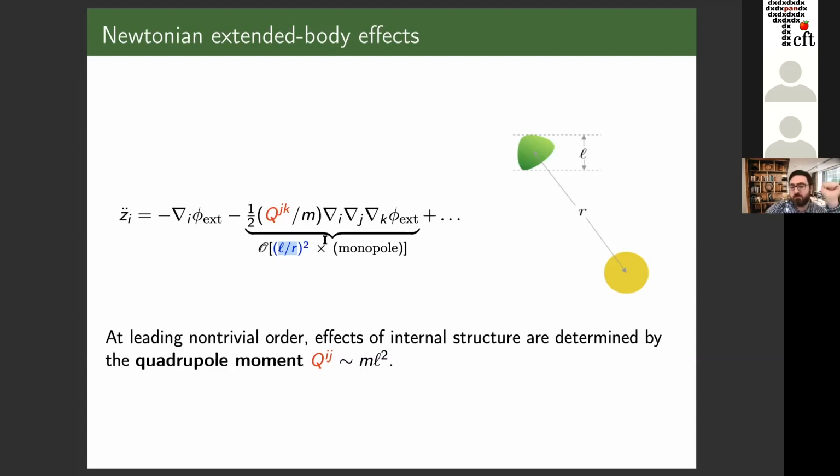So this ratio L over R is usually, in most astrophysics problems, very small. L over R squared is, of course, even smaller. So usually this term is tiny, which is why it's not discussed very often at an elementary level. But it is there. It actually has some important astrophysical consequences.